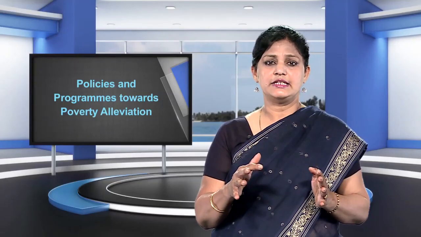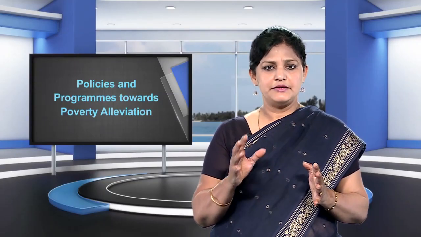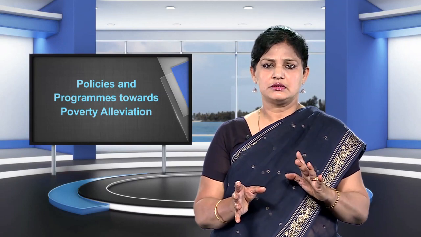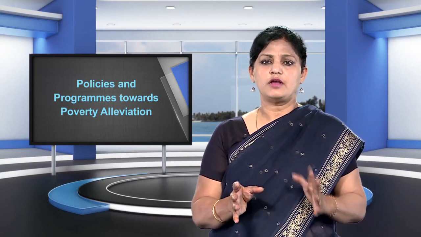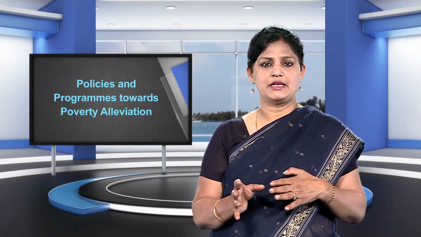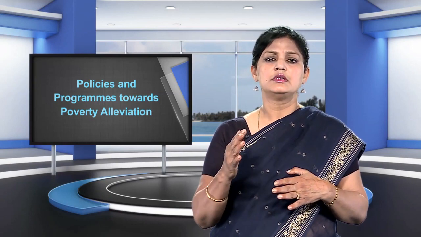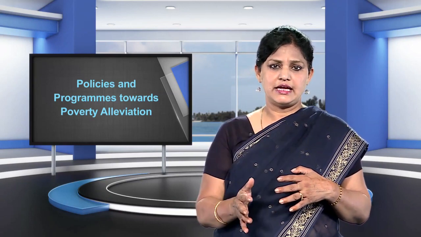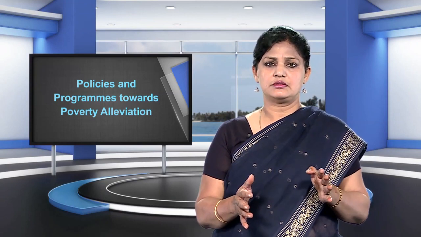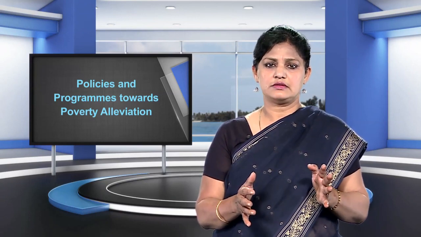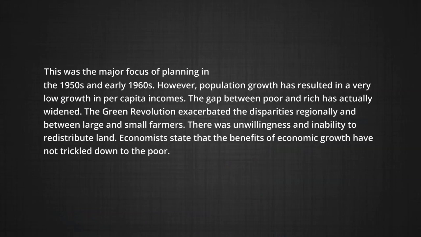It is based on the expectation that the effect of economic growth, a rapid increase in gross domestic product and per capita income, would spread to all sections of society and will trickle down to the poor sections also in due course. This was the major focus of planning in the 1950s and early 1960s.